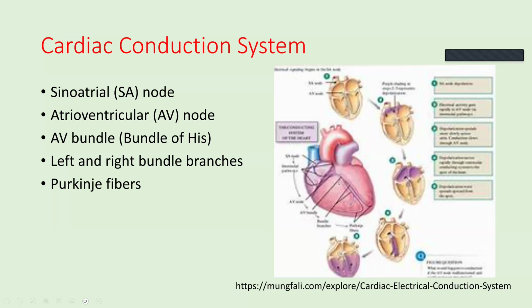If it's acting as a backup pacemaker, it tries to maintain a heart rate of 40 to 60 beats per minute. The AV node also delays electrical signals from the SA node by a fraction of a second to allow the atria to empty blood before the ventricles contract.